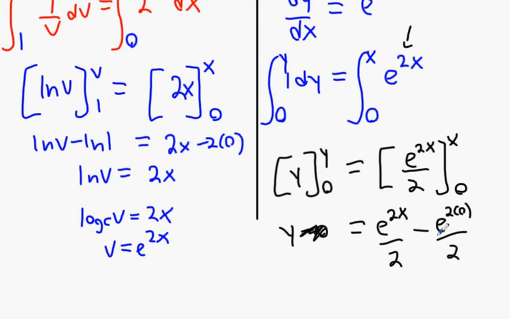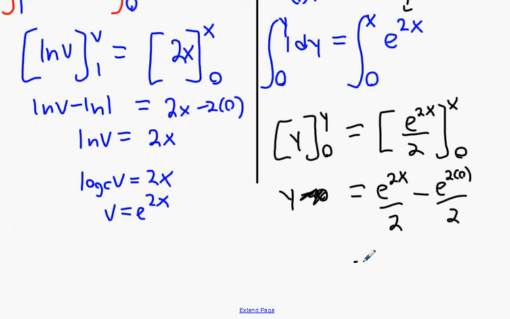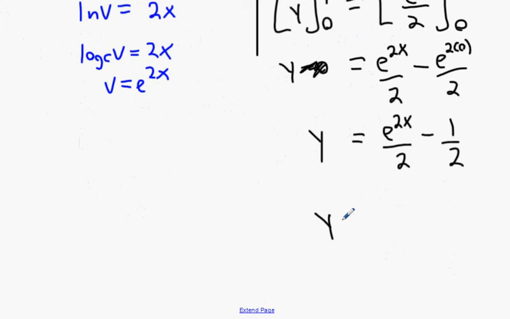What's e to the power 0? 1. So e to the 2x over 2 minus a half equals y. If I was to factorize that out, it would be y equals a half of e to the 2x minus 1. Is that right? Okay, let's try another one now.